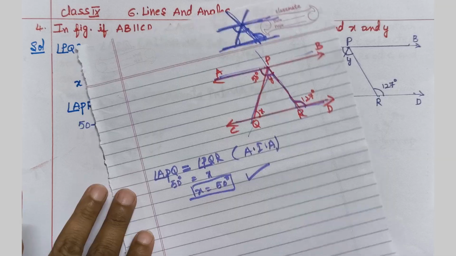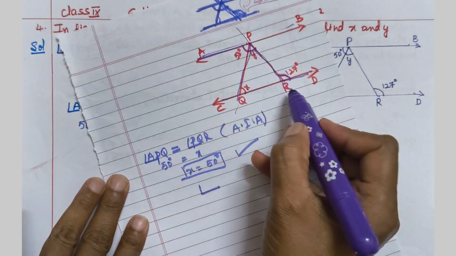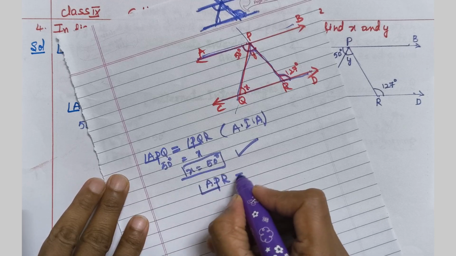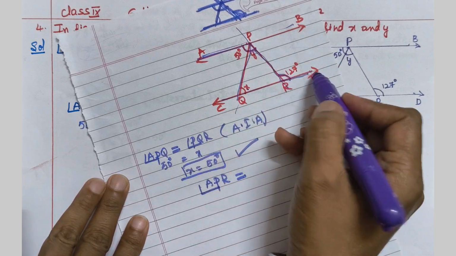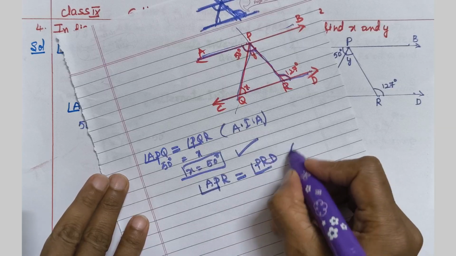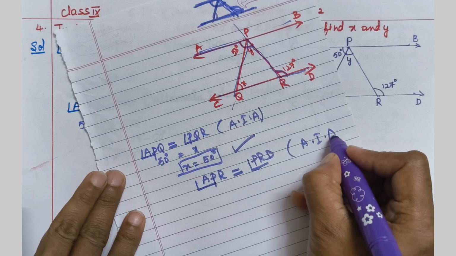That concept we will use. Now see here, angle APR is equal to angle PRD. Both are equal. What is the reason? Alternate interior angles.